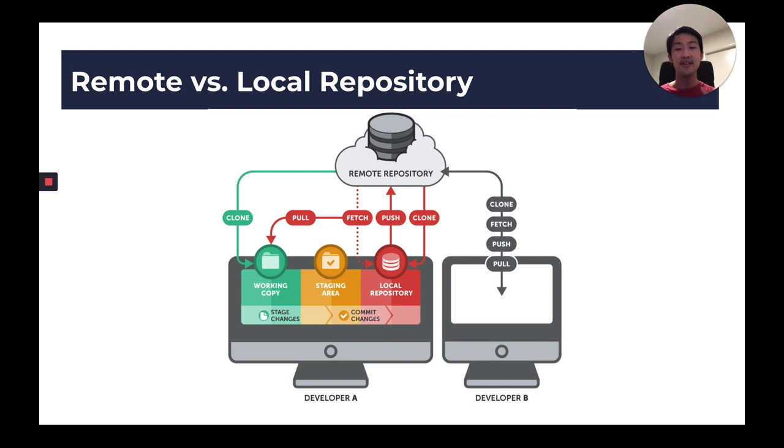A pull is essentially the complete thing. It's saying, hey, I want to take all the changes in the remote repository and pull it, download it into my working copy. This is often done when you already have that repo set up. You can see it's very similar to the clone. What's the difference? The clone is when you don't have that local repository yet.